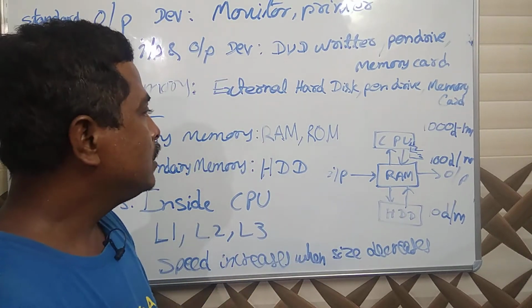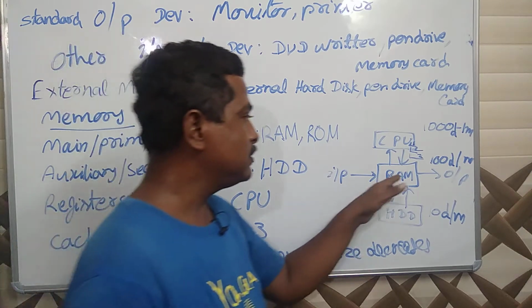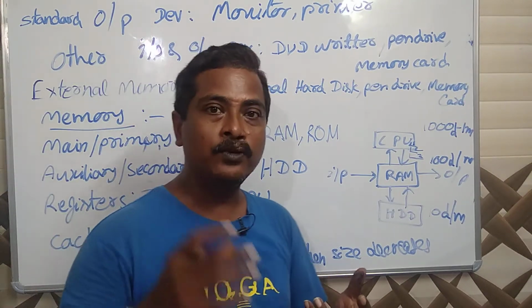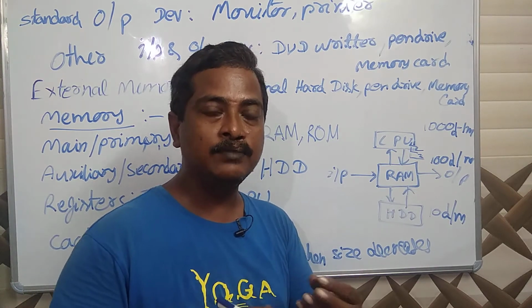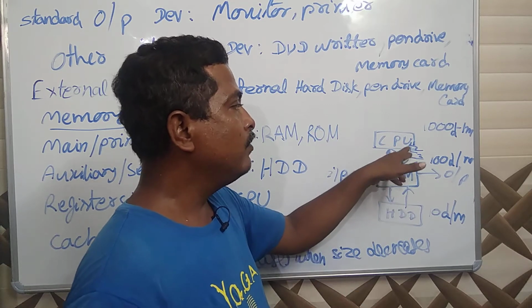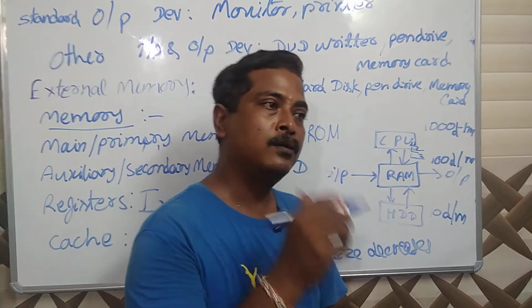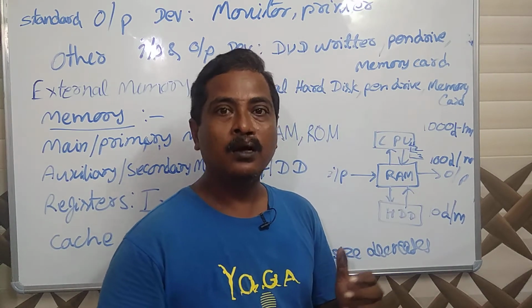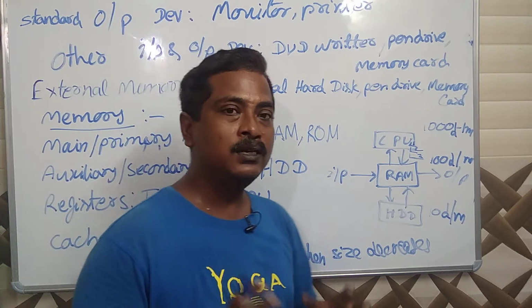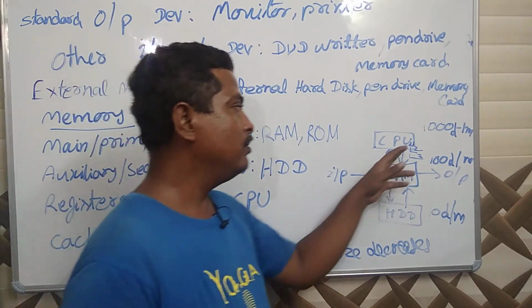So out of those 900 data which RAM is unable to receive, if 400-500 data is repeatedly used, it will be stored in L1, L2, L3. The storing work is done by the operating system, which is a different concept. Beginners, just remember that those data are stored in L1, L2, L3.